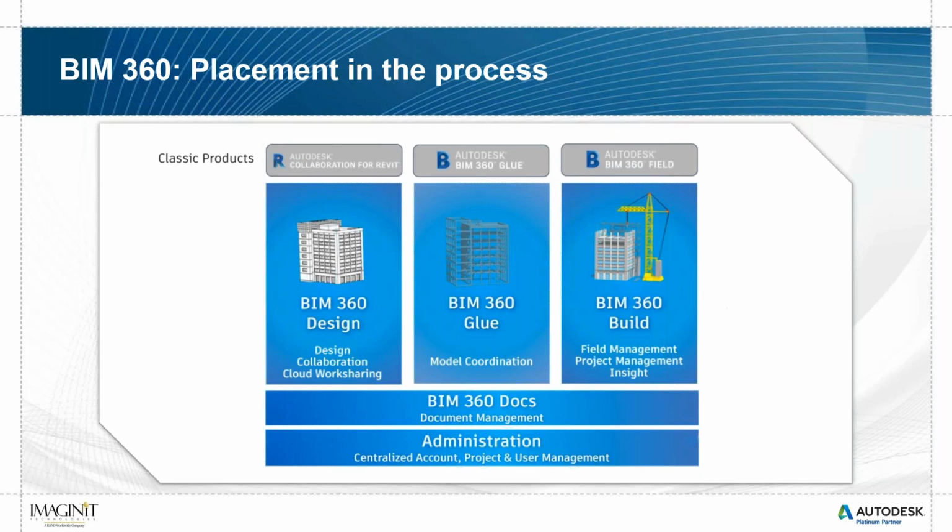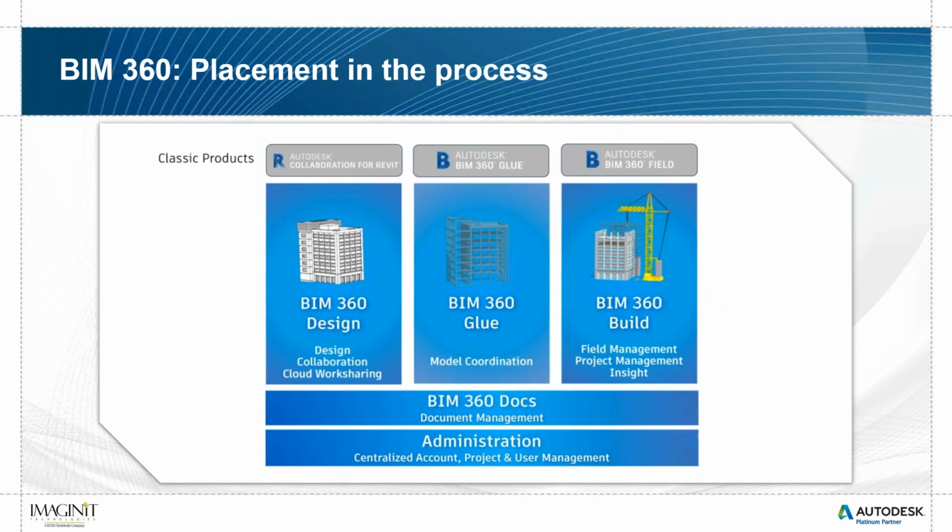So the evolution of this whole idea behind collaboration with BIM 360 and these cloud offerings, the classic products at the top of this slide for architecture and for using Revit in general, we used to call that Collaboration for Revit or C4R. Well, it's now called BIM 360 Design, and it is integrated in a much better way to this entire BIM 360 environment ecosystem. The classic approach to BIM 360 Glue, that one is still called BIM 360 Glue, so no change there.